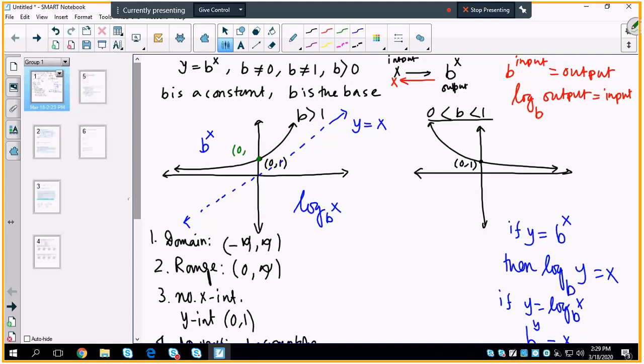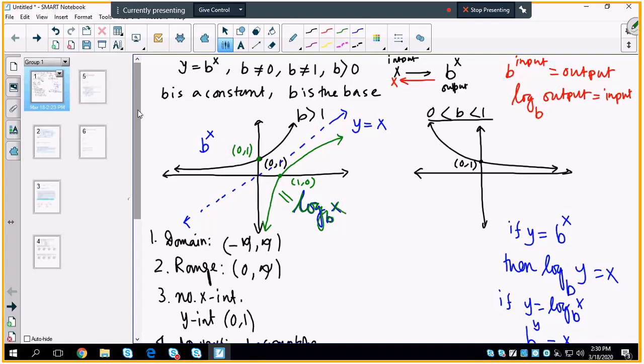This is (0, 1). In the inverse, you switch the x and y, so it has become (1, 0). And you take the mirror reflection of your exponential function and you get something like this. And that will be the graph of log of x to the base b.